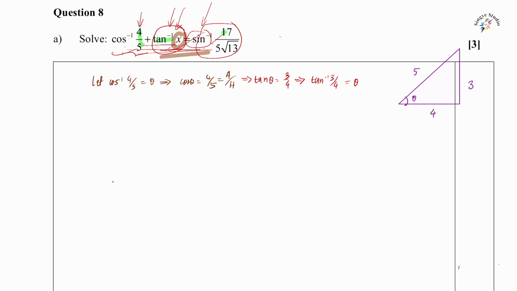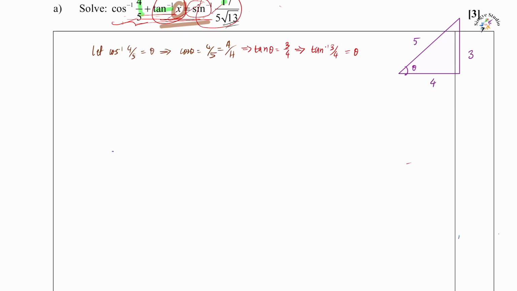Now we'll change this sine inverse into tangent. Let sine inverse of 17 over 5 root 13 be phi, which implies sine phi equals 17 by 5 root 13. This is opposite upon hypotenuse.